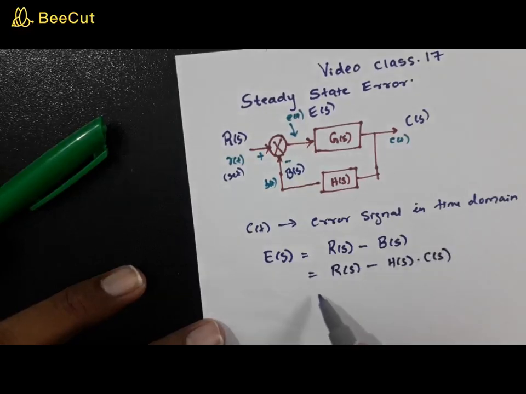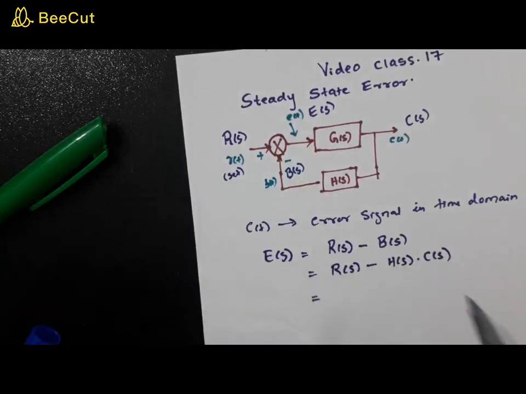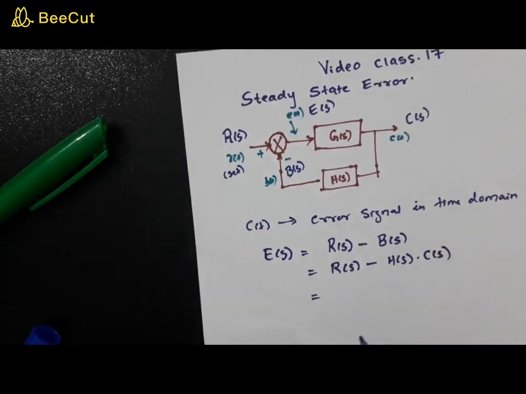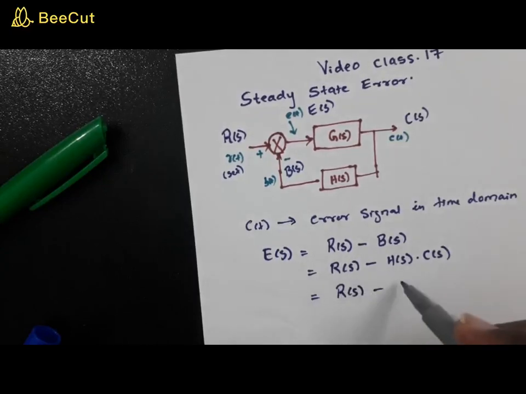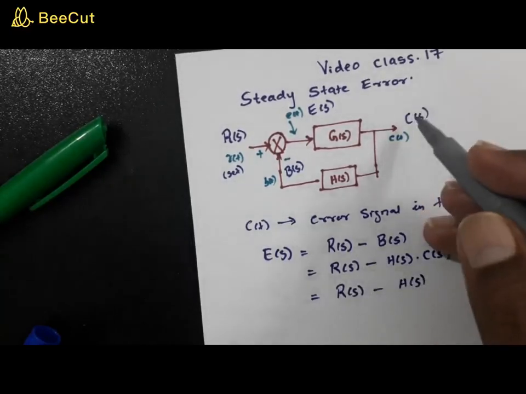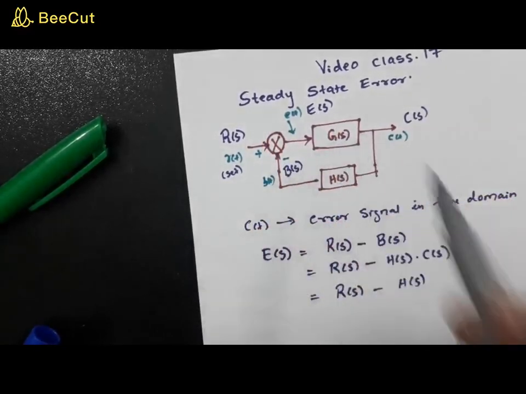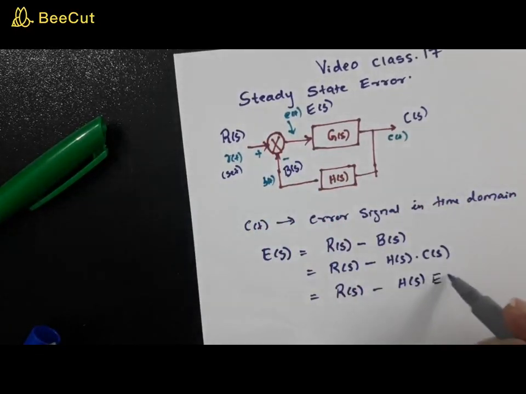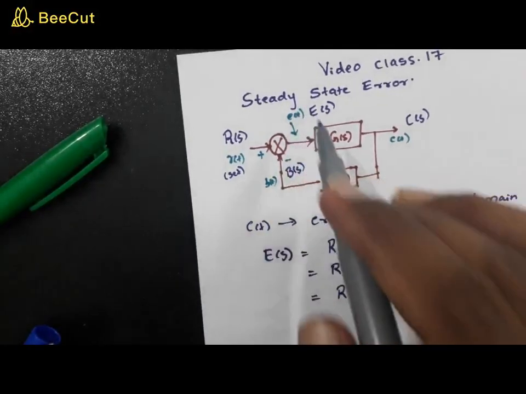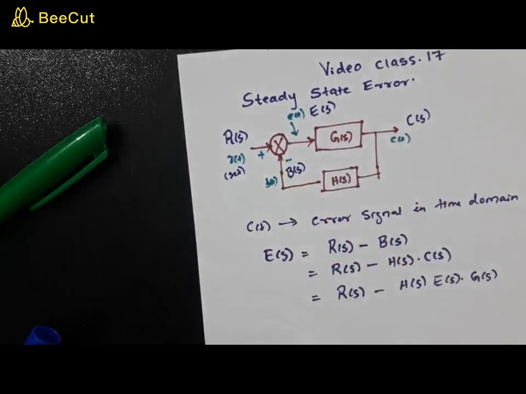And c of s is actually e of s into g of s, that is, this signal gets multiplied by g of s, giving you c of s.